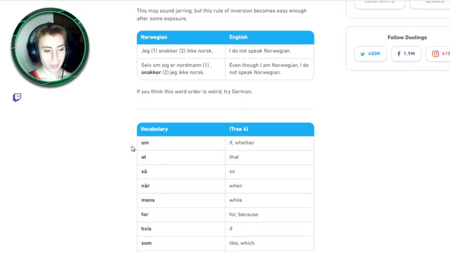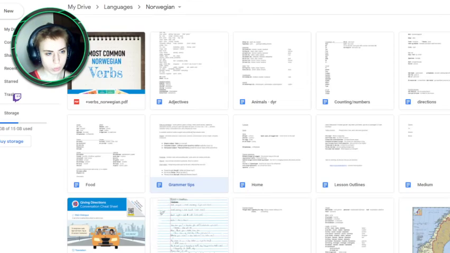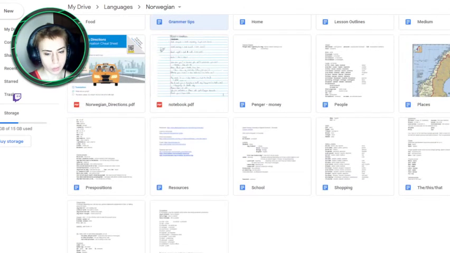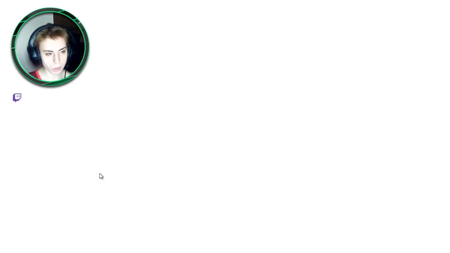Some new vocabulary. At, så, når, mens, for, som, selv om. So, all these are new. Are these like prepositions? Because I want to write them down, but I'm not sure where they would go.